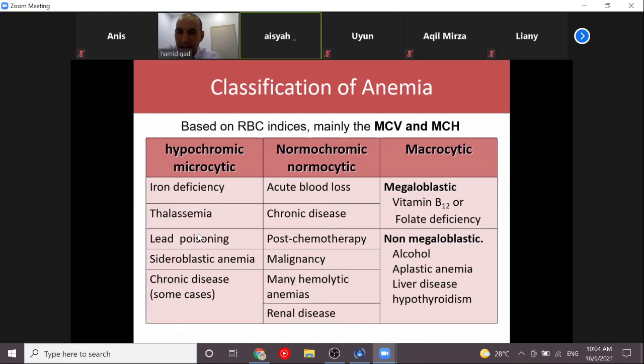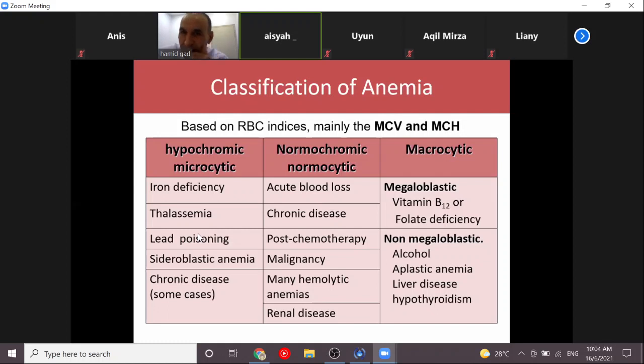How do we classify anemia based on morphology, based on CBC, complete blood count? Hemoglobin, then MCV, then MCH. Three things, you always remember. Doctor, for macrocytic, you said that in all anemia Hb is low, and MCV is larger than normal.